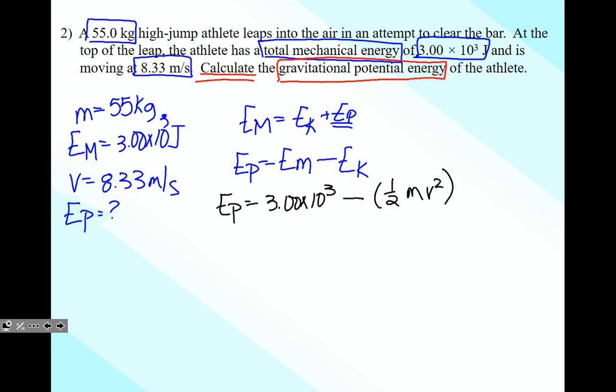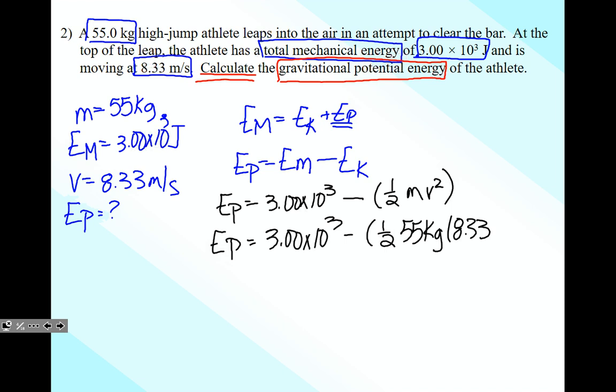So EP is equal to 3.00 times 10 to the power of 3, subtract 1/2, and I'm going to write down my 55 kilograms, and 8.33 meters per second squared. Okay, moving on.